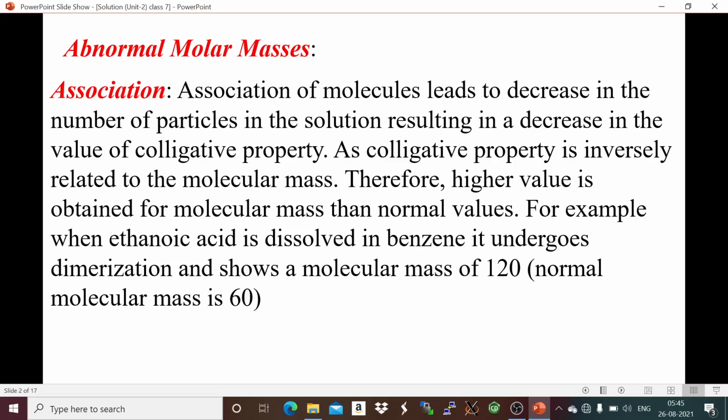So if the molecule undergoes any association, then the molar mass obtained experimentally, when we dissolve the solute in that solvent, is higher than the normal molecular mass.